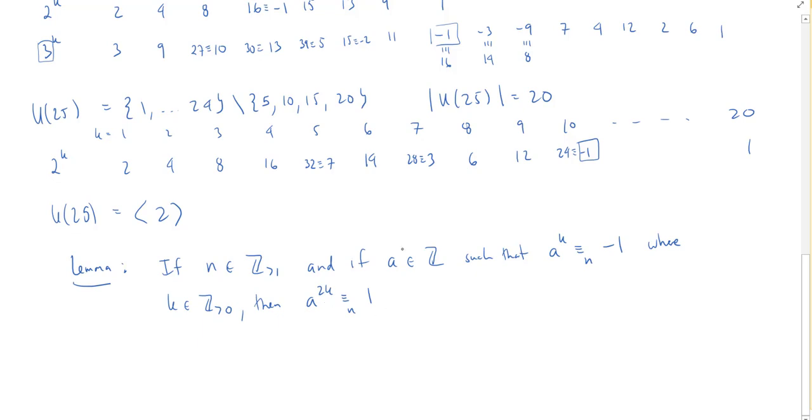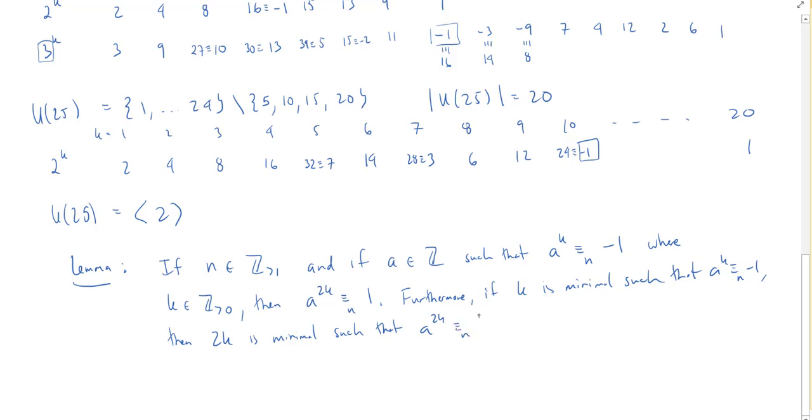The interesting part is, furthermore, if k is minimal such that a to the k is congruent to -1, then 2 times k is minimal such that a to the 2k is congruent to 1.